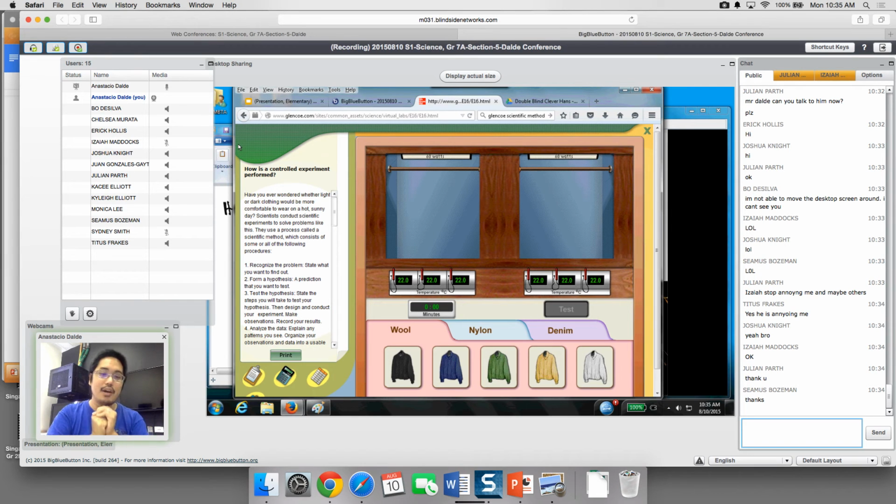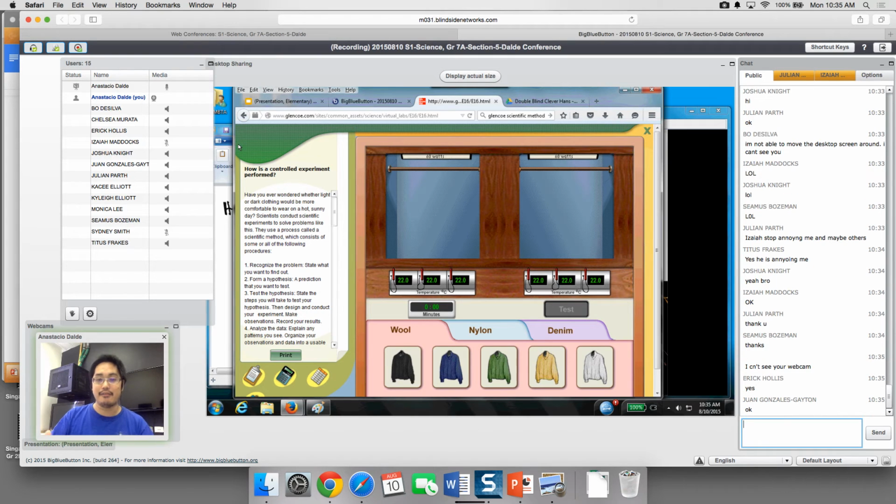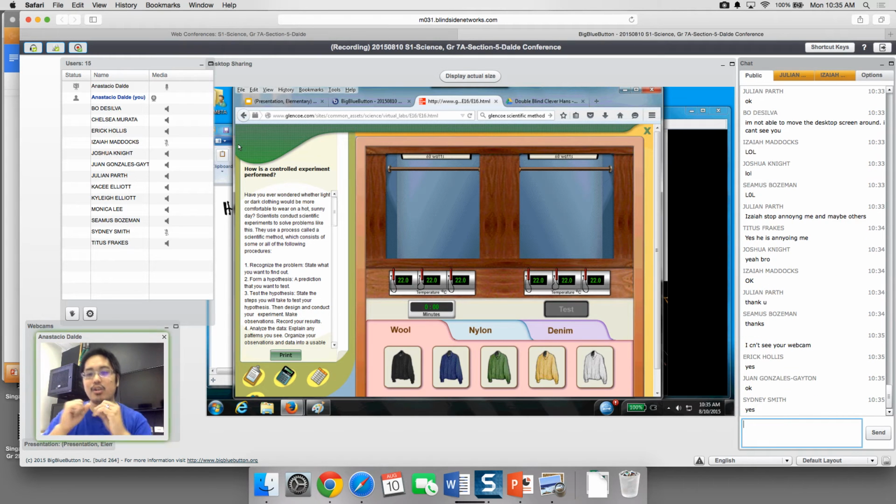If you have a black jacket, does that mean you're going to be warmer throughout the day than in a white jacket, or a yellow jacket, or a green jacket for that matter? That's our question that we start off with. Scientists ask a question.